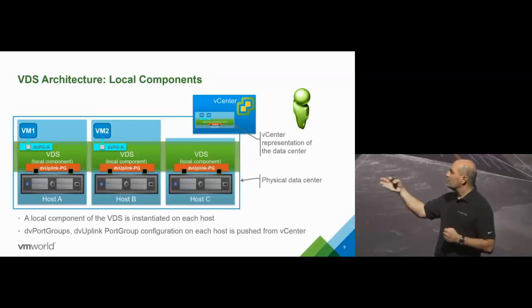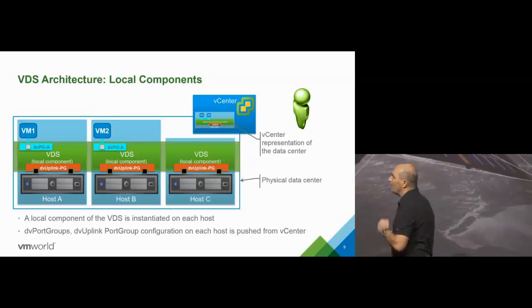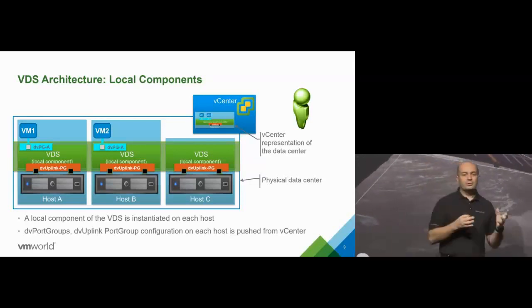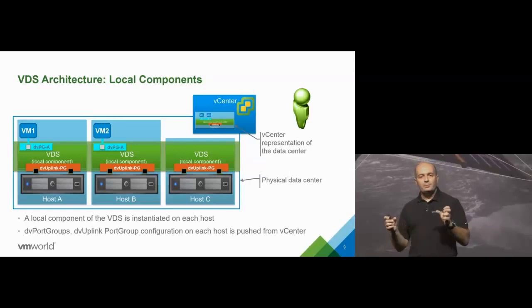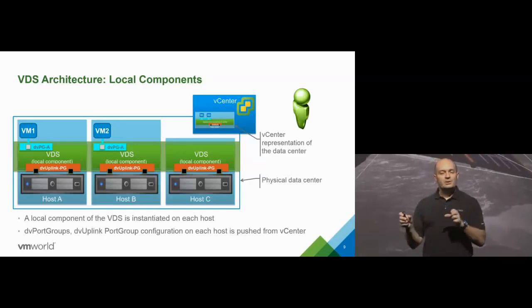But from a practical standpoint, in the physical implementation, you see that our two VMs are on two different hosts, and this DV port group is actually configured on two different hosts too. So this is something you would have had to configure manually with the VSS. This is done automatically for you by the vDS. So that's the big added value of the vDS.